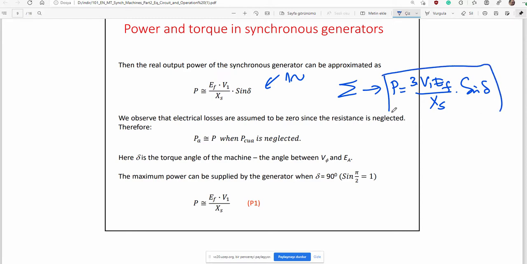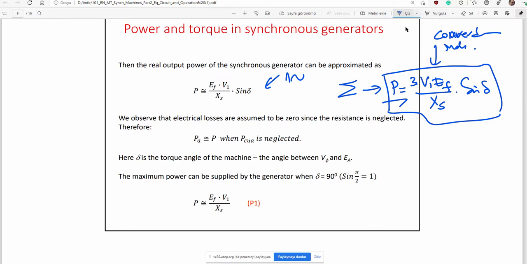That is the total power induced in synchronous machine. Sometimes we say converted power, induced power. That is the electric power induced in generator, or that is the mechanical power induced in motor application. That is the converted power.